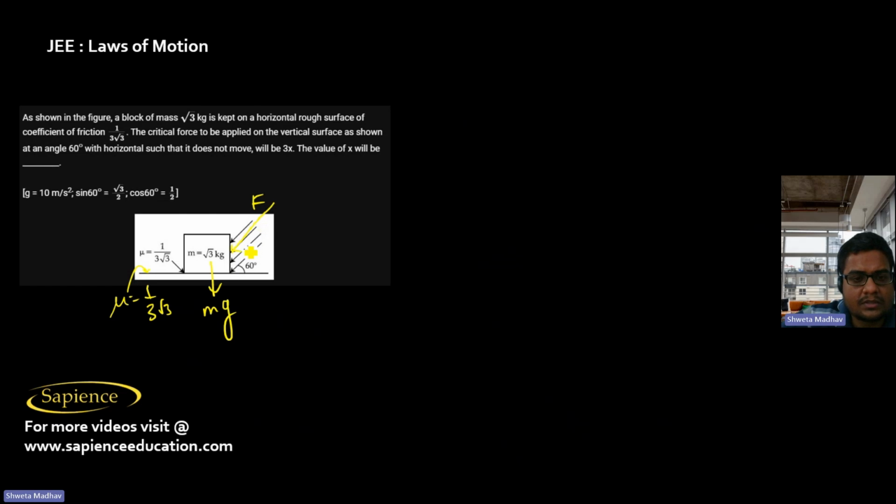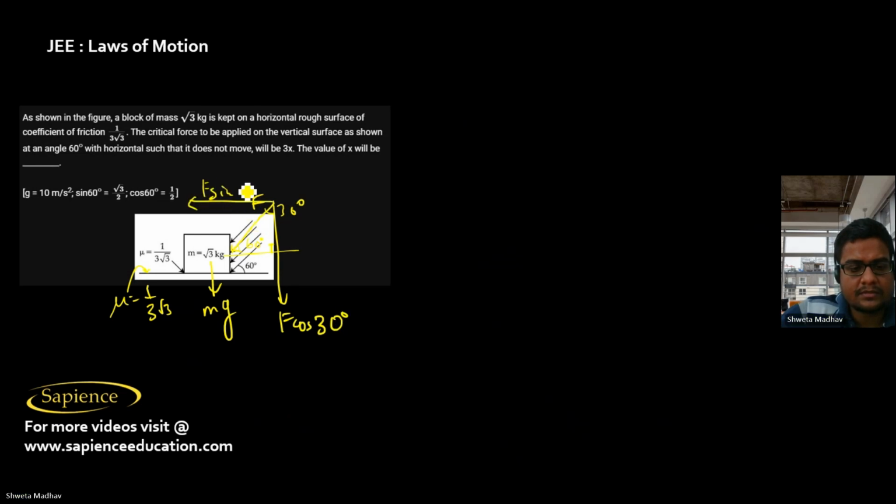So this is 60 degree, so it means this will be 30 degree. So therefore I can say this is F cos 30 degree and this is F sin 60 degree. Now the maximum force that can be applied, F max, is 3x. So then x you have to find out.